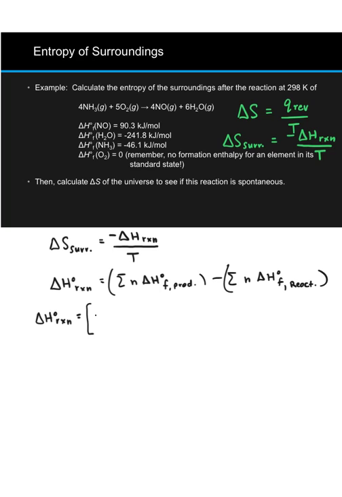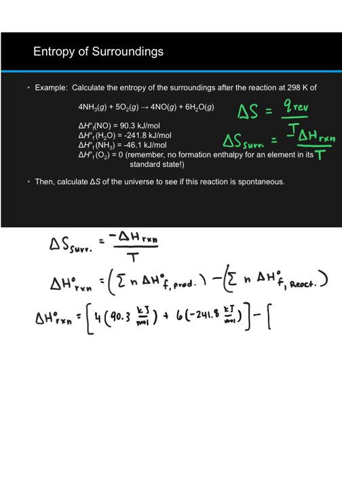For NO, we have a coefficient of 4 and a given enthalpy of formation of 90.3 kilojoules per mole. For our other product, water, we have a coefficient of 6 and an enthalpy of formation of negative 241.8. That suffices for all of our products.